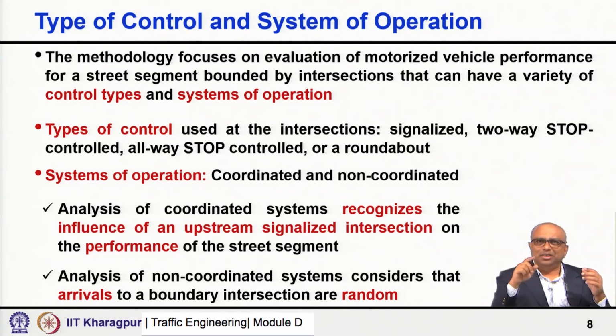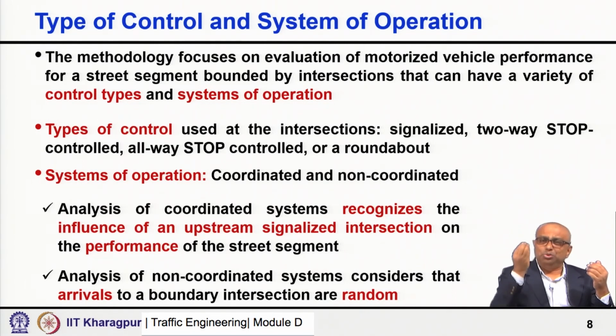Now, I said different types of control and different systems of operation. What do I mean by different systems of operations? That means it could be coordinated, could be non-coordinated. We are going to discuss these things in more detail in module E, but since I used the terminology coordinated and non-coordinated, what I mean is that the intersections may perform just like an isolated intersection.